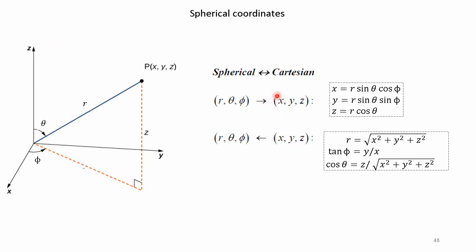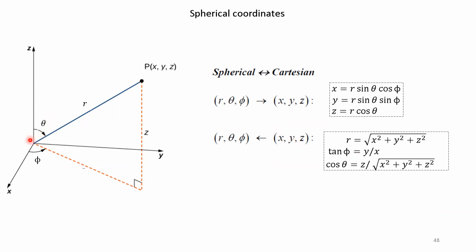Now you can see how we can convert from one coordinate system to the other. R, of course, is the square root of x squared plus y squared plus z squared, this distance here. Tangent phi is the ratio between this length and this length, so tangent phi is the ratio between the y coordinate and the x coordinate.